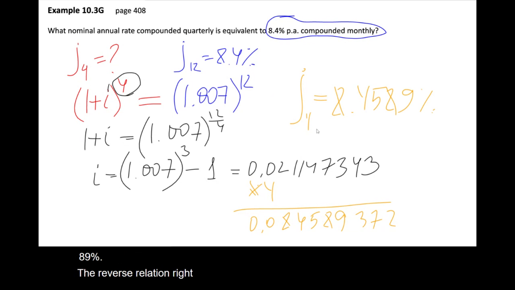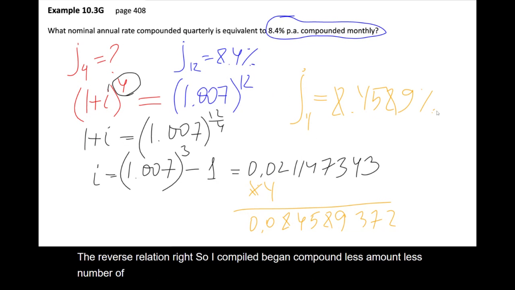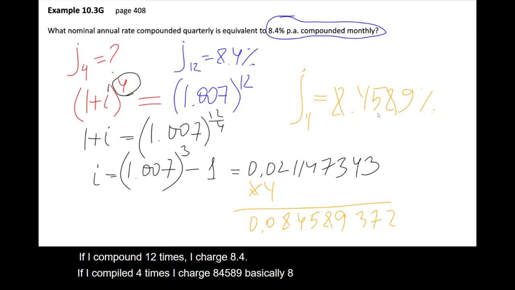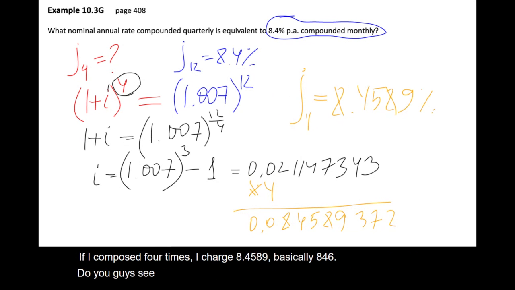So if I compound a lesser number of times, I have to charge a higher nominal interest rate. If I compound 12 times, I charge 8.4. If I compound 4 times, I charge 8.4589, basically 8.46. Do you guys see that?